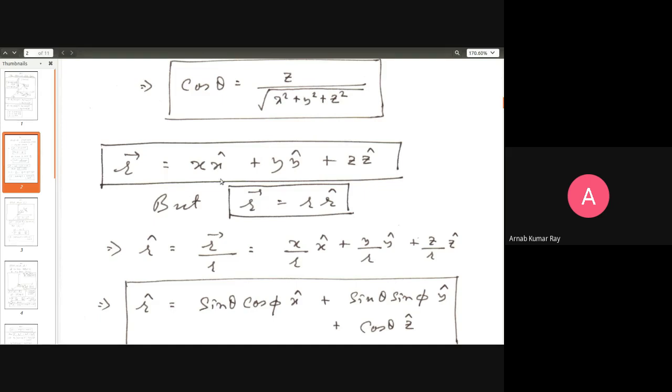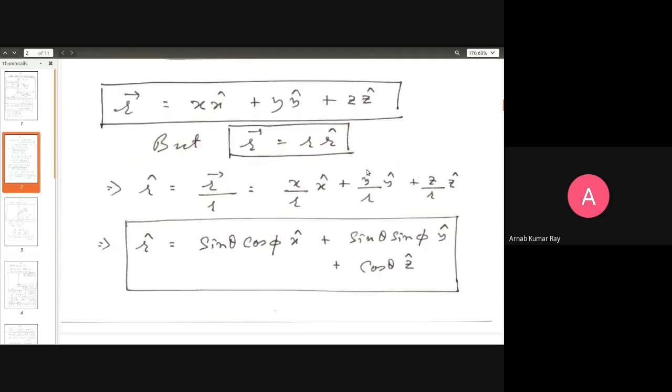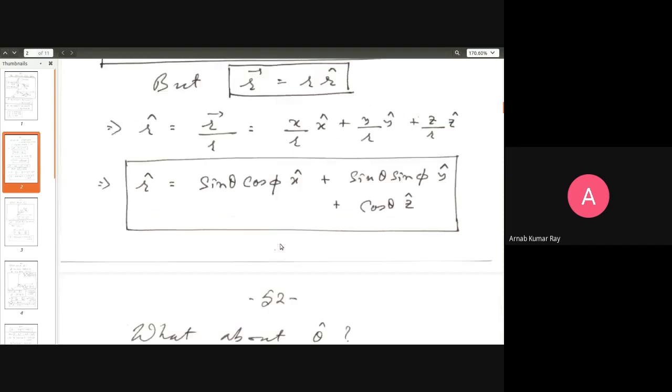Then we come to the idea of converting unit vectors. The vector R is written in terms of the vector sum of the displacements x, y, and z. And as such, the unit vector r cap can be written like this: sine theta cos phi x cap, and so on.